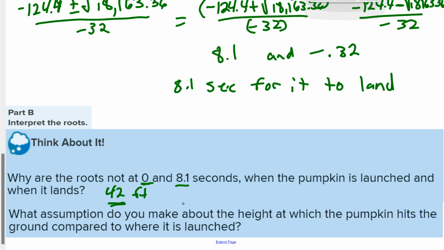We started at 42 feet and landed at 0. That's the assumption we make. So that's example number 1, and I'll make a video on examples 2, 3, 4, and 5, so there'll be 5 separate videos.